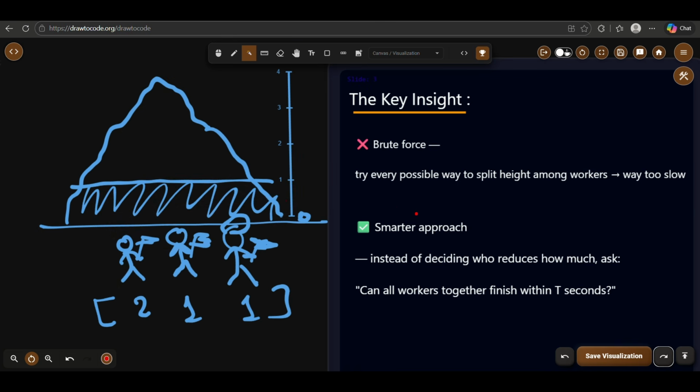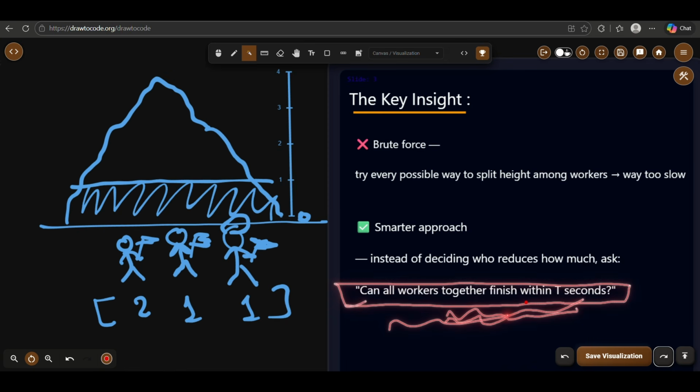So we will choose another approach, which is a smart approach, in which instead of deciding who reduces how much height, we are deciding how much height will be chopped by each worker. We will decide: can all workers together finish this within T seconds? This is the smarter way to solve this problem.